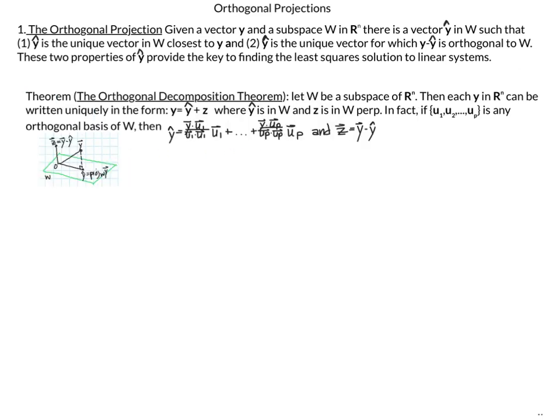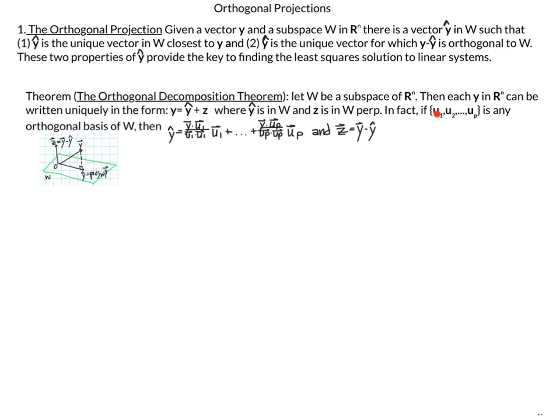Now we are ready to use those ideas from the last example to solve our orthogonal projection problem. The solution is in the orthogonal decomposition theorem, which says: let W be a subspace of Rn, then each y in Rn can be written uniquely in the form y equals y hat plus z, where y hat is in W, our subspace, and z is in W perp.